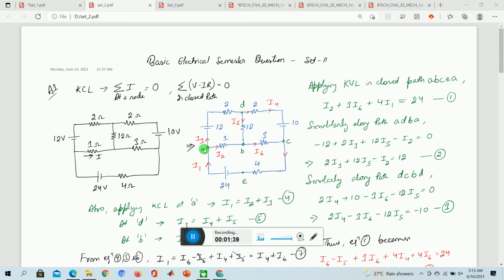For that you have to give the nodes some points: A, B, C, this is D and E, so that you can define a path.